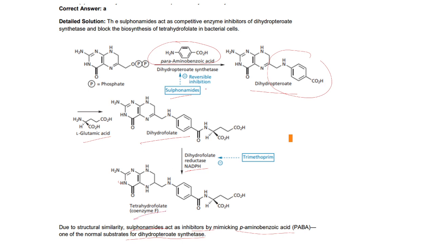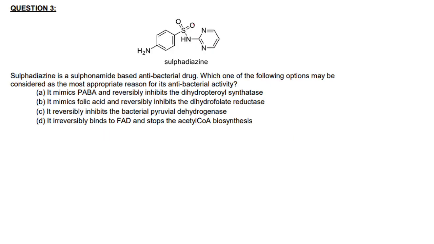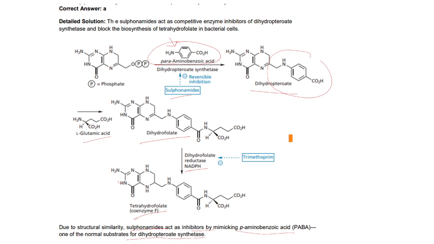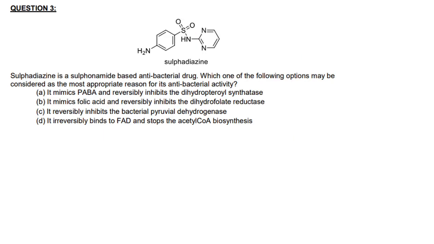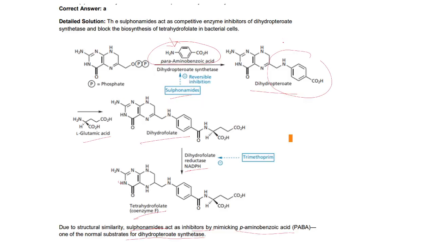If you have something that can replace this, that is sulfonamides, then it will not get further attached, because this end does not have the group to ligate with glutamic acid, so this mechanism will stop. So the answer is correct.